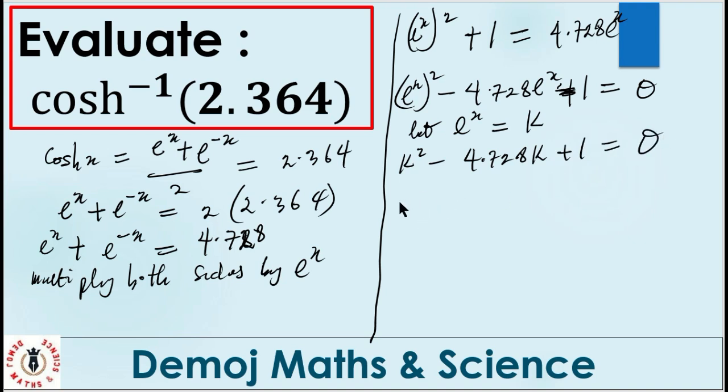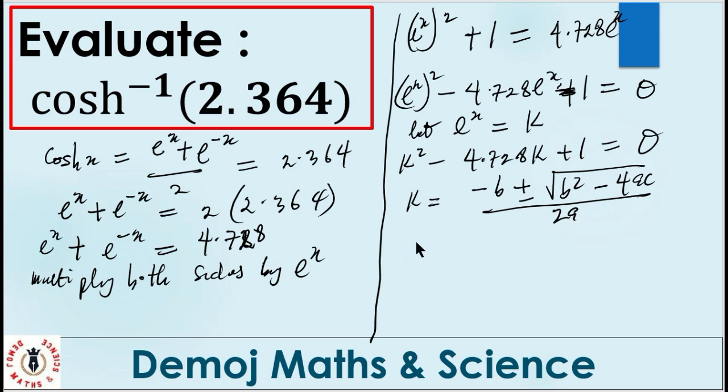Let's apply our quadratic formula one more time. Know that my k here will come from minus b plus or minus square root of b squared minus 4ac over 2a, where my b is equal to minus 4.728, my a is equal to 1, and my c is equal to 1.